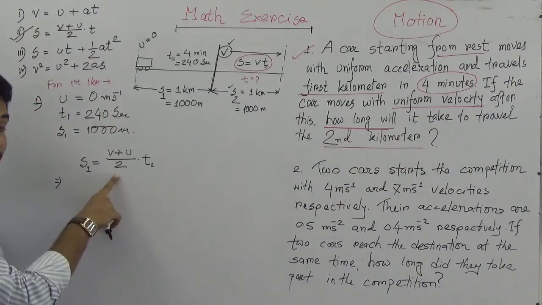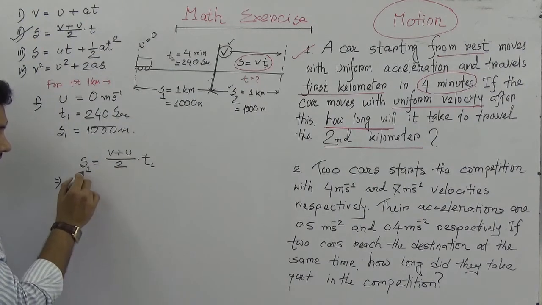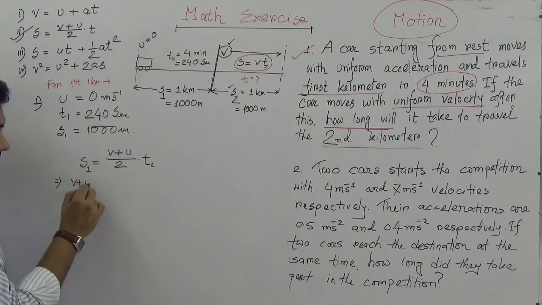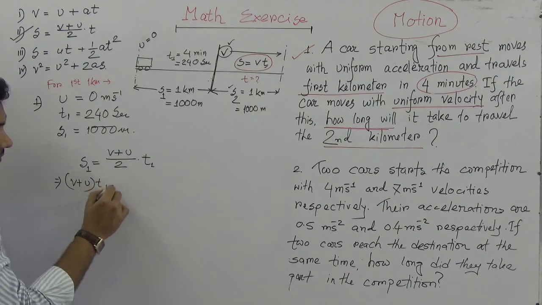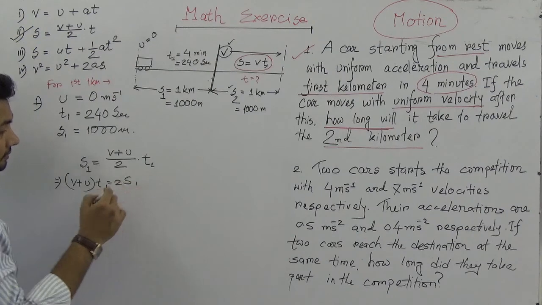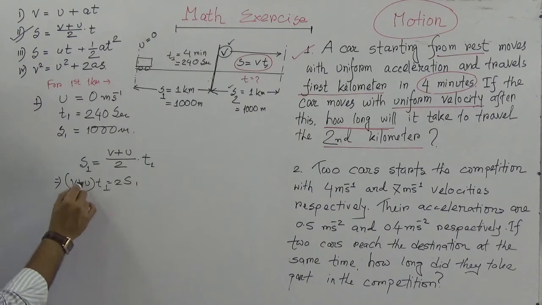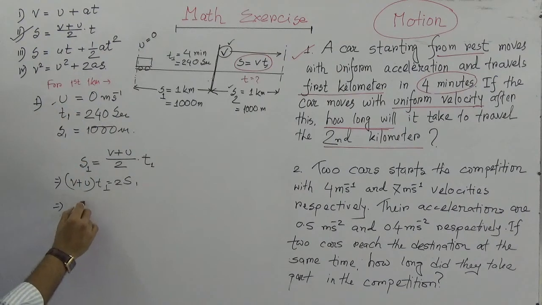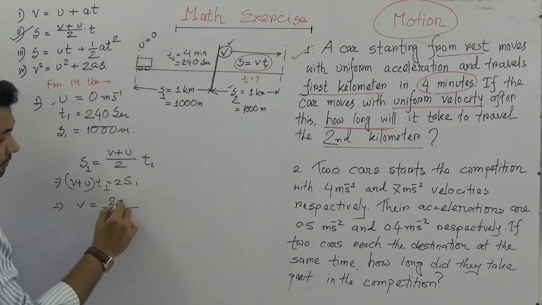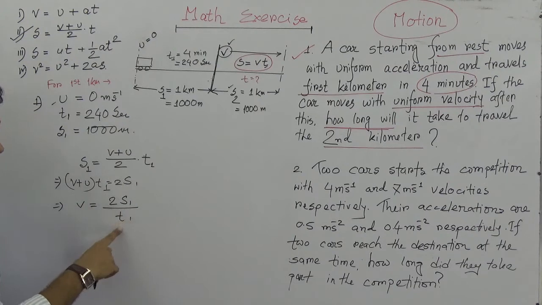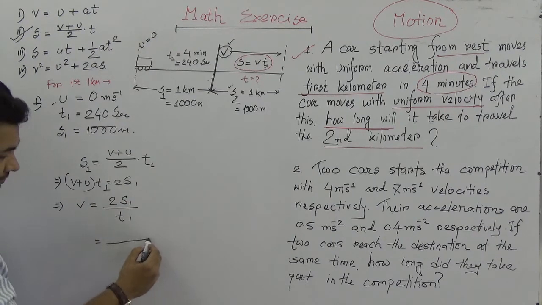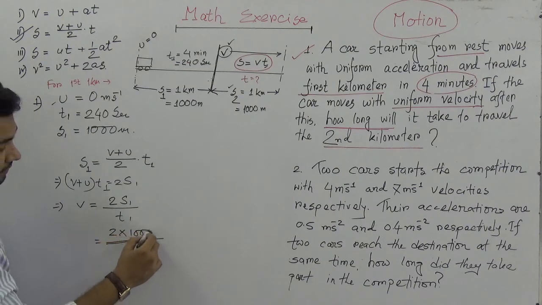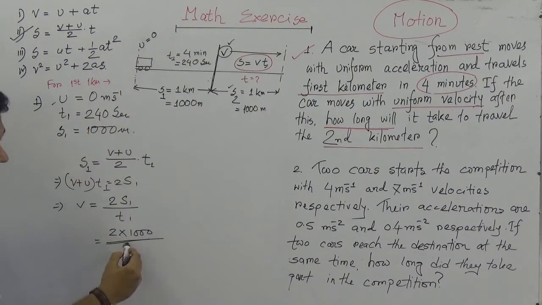So from here S1 is (V plus U) times T1 divided by 2, so 2S1 equals (V plus U) times T1. We know that U is 0, so we have V equal to 2S1 by T1. If we use the data given, S1 is 1000 and T1 is 240 seconds.